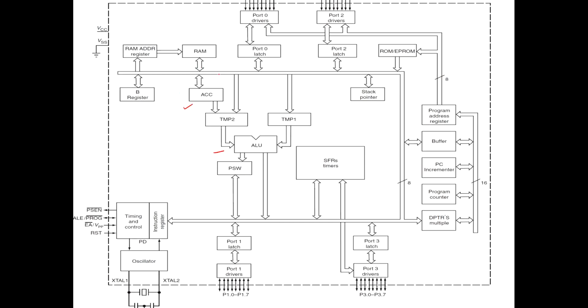Along with these we have the program status word, the special function registers along with timers, and the B register, particularly designed for operations like multiplication and division.